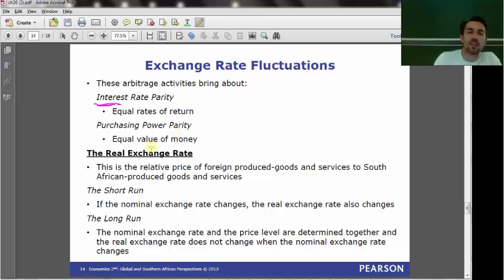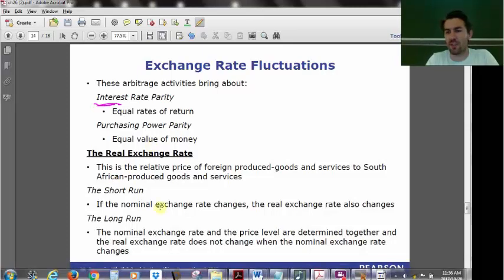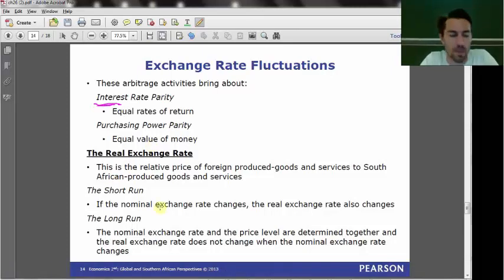Then there's a discussion about the real exchange rate, and the chapter doesn't give a very good explanation of it, but basically it's saying, in the same way that we've said that eggs must be the same price in two different locations, it means like this.